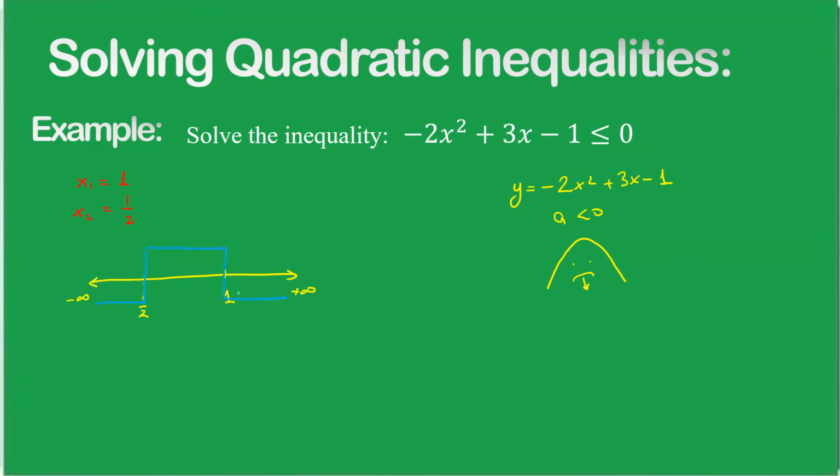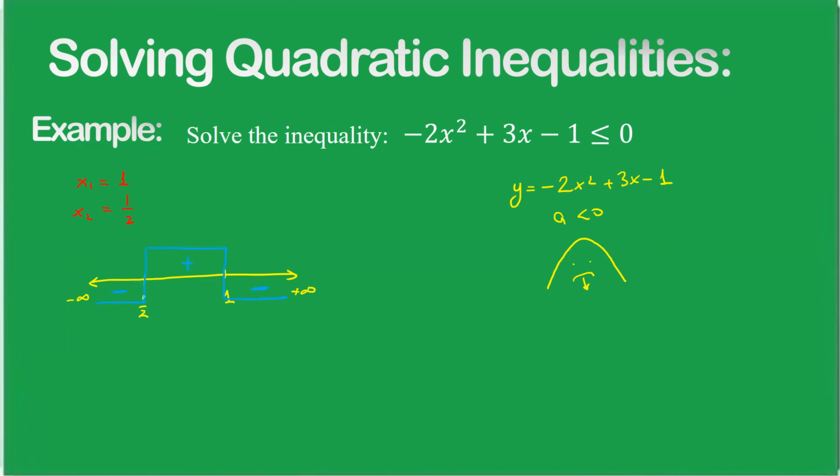Now, as you see, the first part from 1 to plus infinity is under the x-axis, under the number line, so this part is negative. And here it is above the number line, so it's going to be positive. And here this part is again negative. What are we searching?